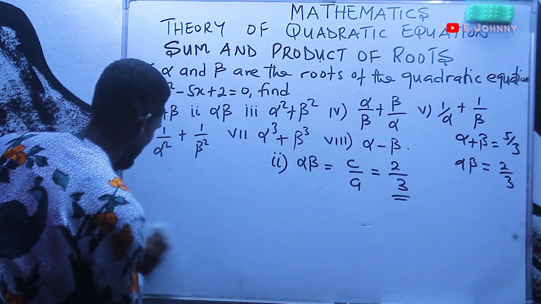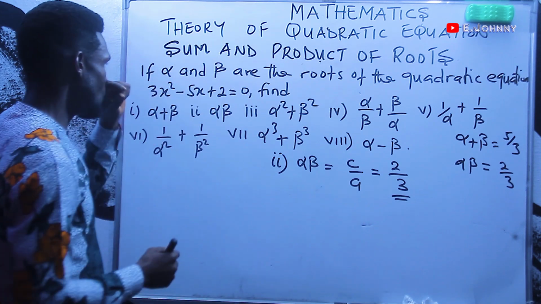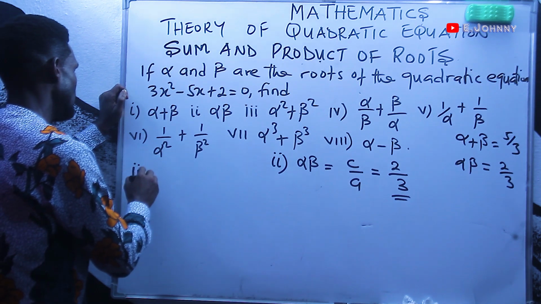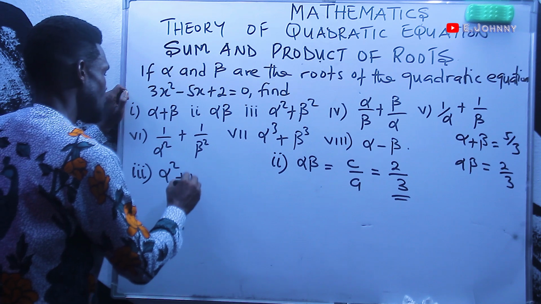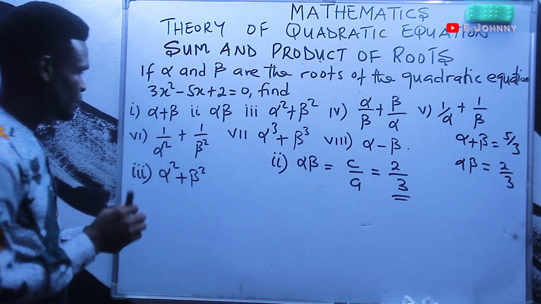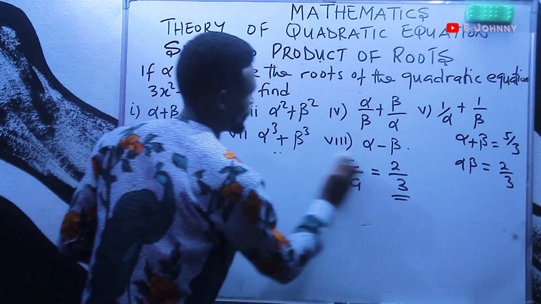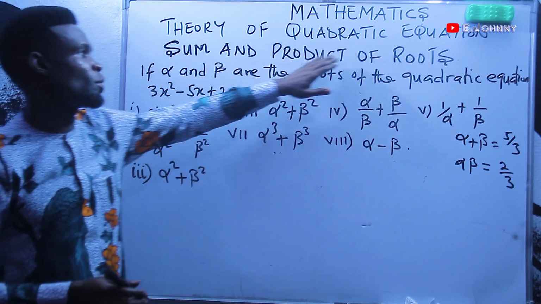Okay. Let's now move further. Let's work on III. III says alpha squared plus beta squared. Please take note of this. Now remember we only talked about sum and product of roots.